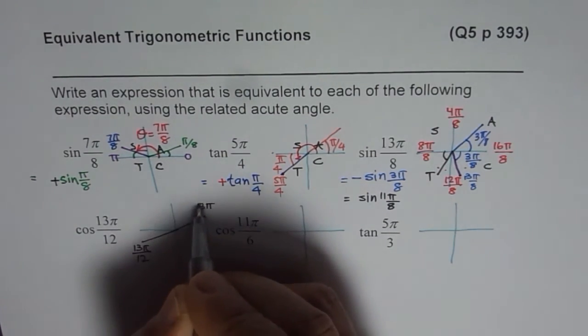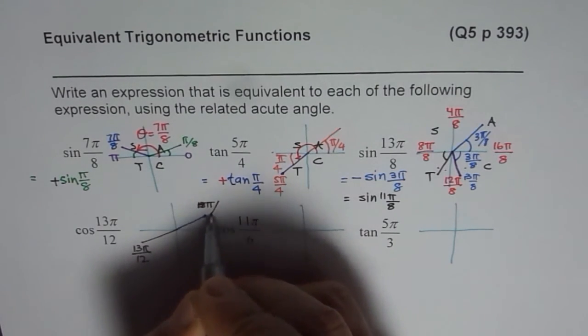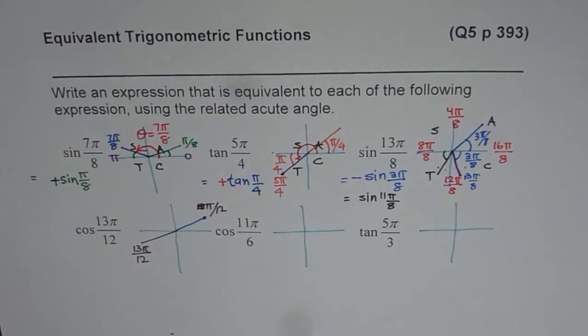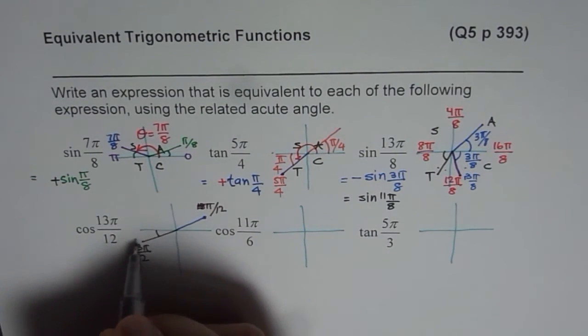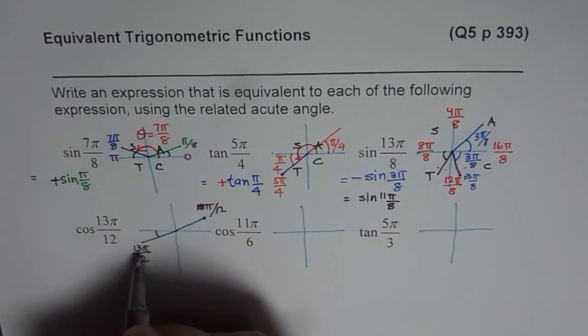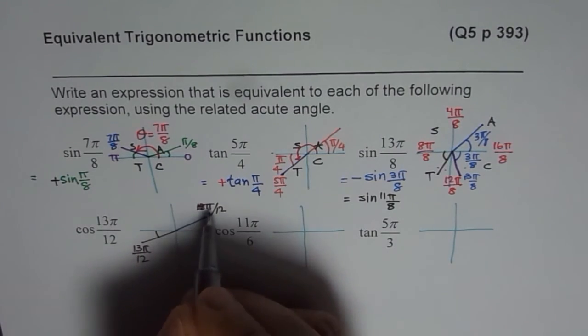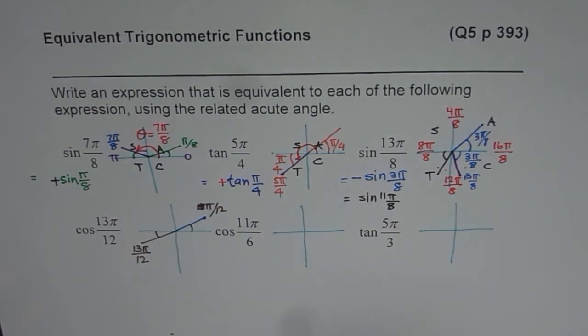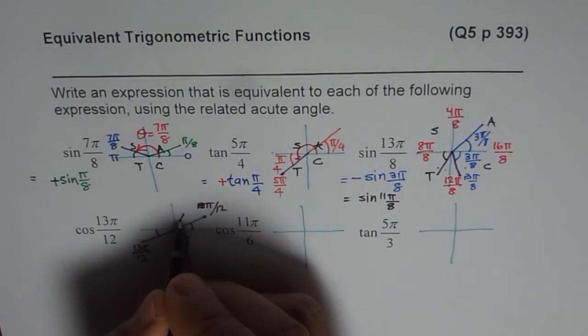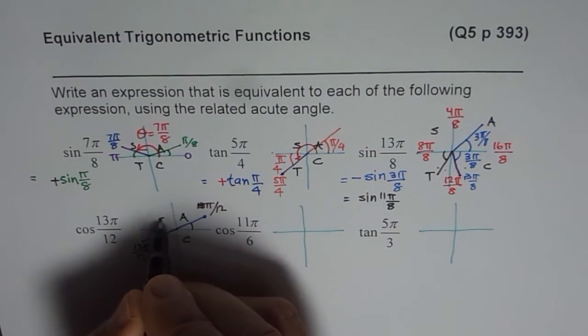Anyway, let me write this as pi by 12. That's the correction. So 13 pi by 12 is 1 more than pi, correct? So the acute angle here is pi by 12. As you know, cos is negative here, correct? Cos is positive in quadrant 1 and 4.